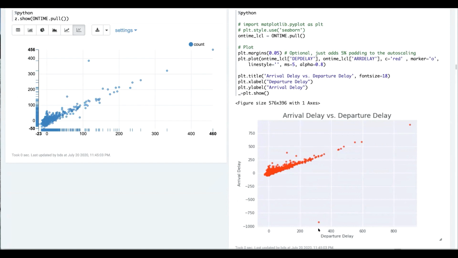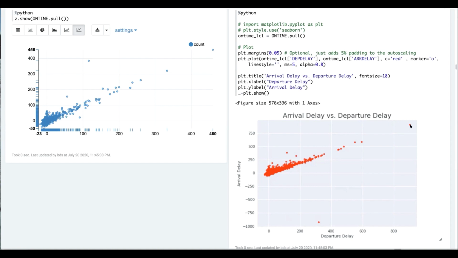So I have a flight that is departing with more than 300 minutes of delay, and it's arriving almost 900 minutes early, right? So this is a teleportation kind of thing. You went to the past or something. So this does not make a lot of sense. So probably someone forgot to register the number or something happened.